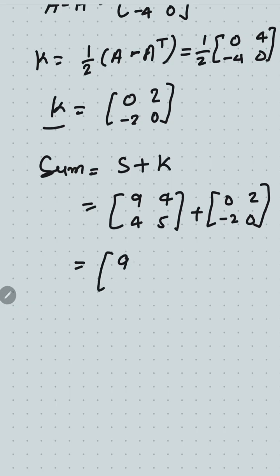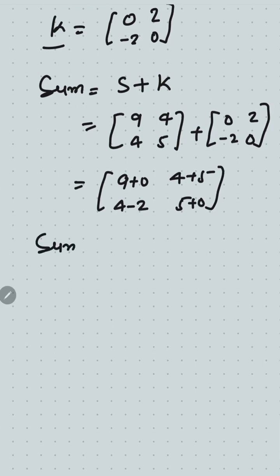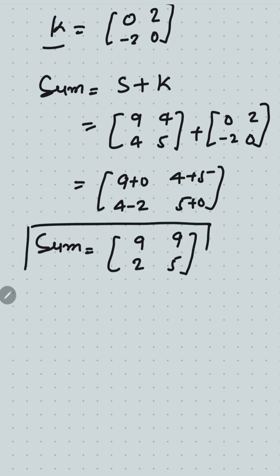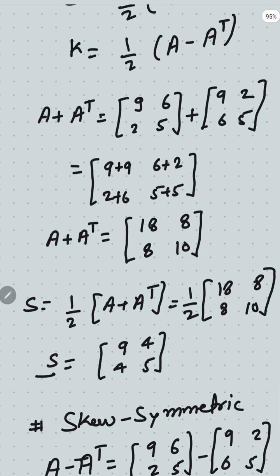Then this will be 9 plus 0, 4 plus 2, 4 minus 2 and 5 plus 0. Then the sum is 9, 6, 2 and 5. That is your final answer. Okay, I hope you understand this question solution.